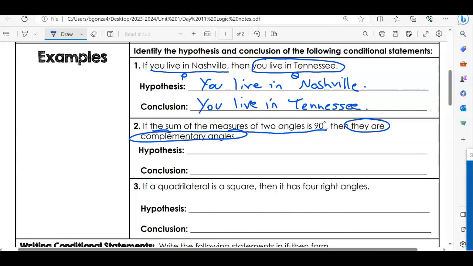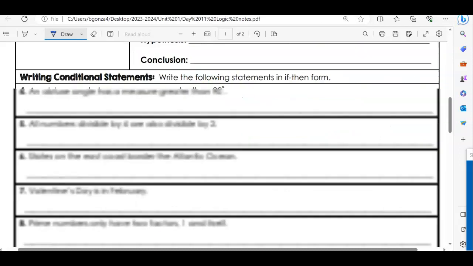Okay, well, anyways, what's the hypothesis here? The sum of the measures of two angles is 90 degrees.